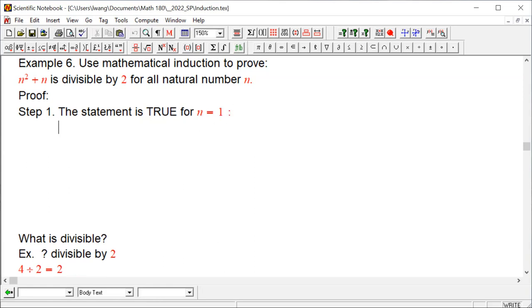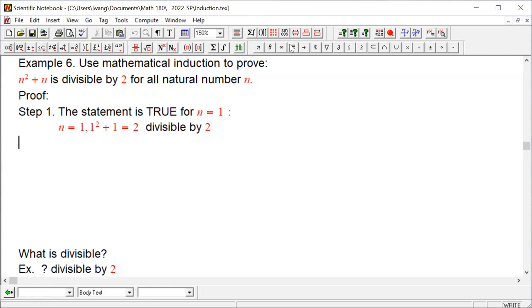When n equals 1, n squared plus n is 1 squared plus 1, and that equals 2. And 2 is divisible by 2, so that is true.